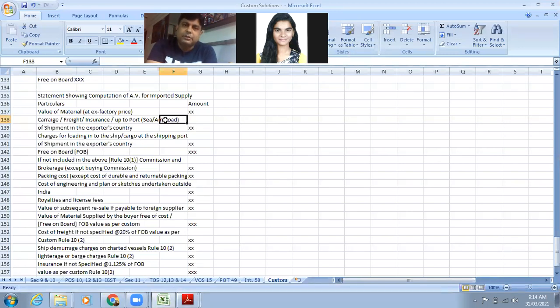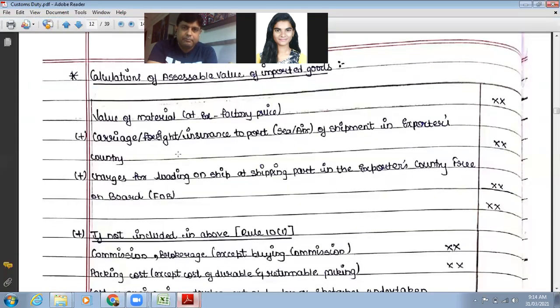Okay, anything is feasible and possible, but the majority of import is through sea or air. So that is to be added. Then charges for loading on ship. Of course, that transporter will take the goods only to the dockyard. Again, from the dockyard, you have to ship it.